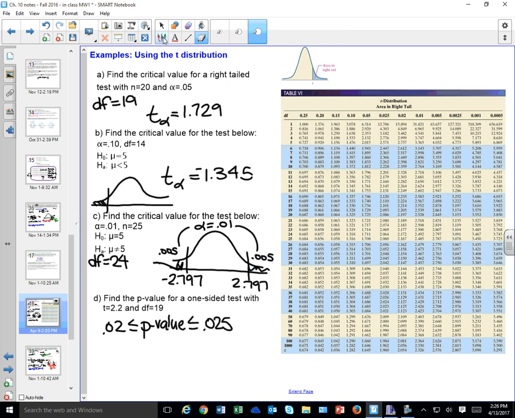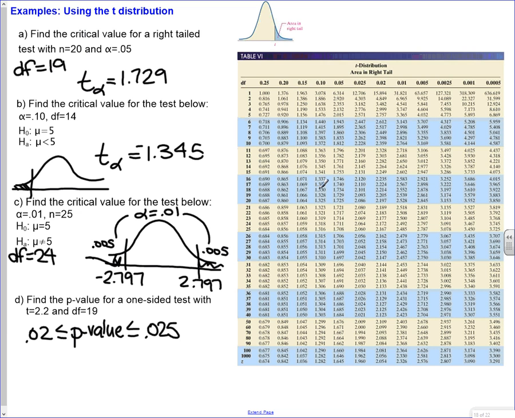When we're using the t-chart, it doesn't give us every possible t-value. It just gives us the most common areas that we're interested in, or alphas or alpha halves. Those we use to find the t's that go along with them. In our normal chart, we have pretty much every z value and we can find the area associated with it.